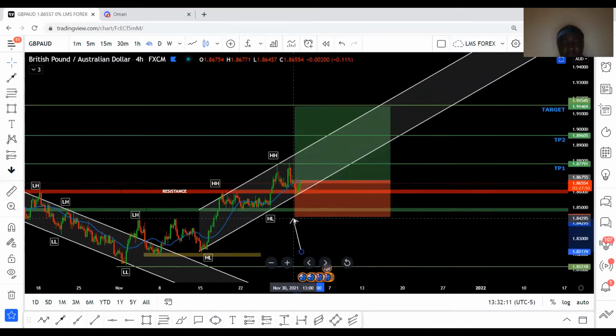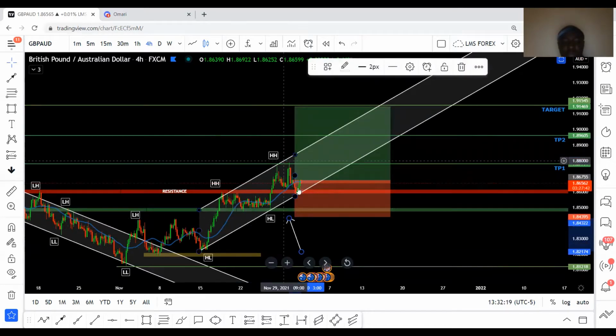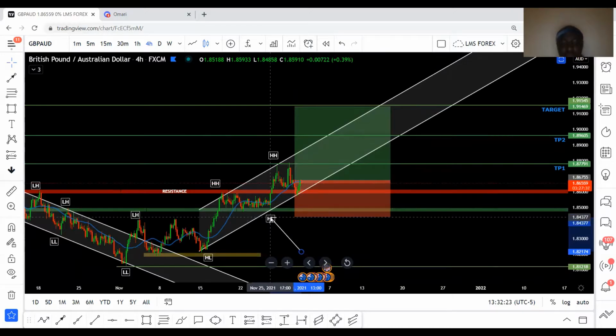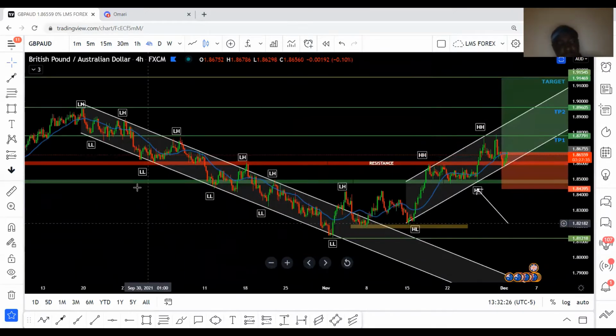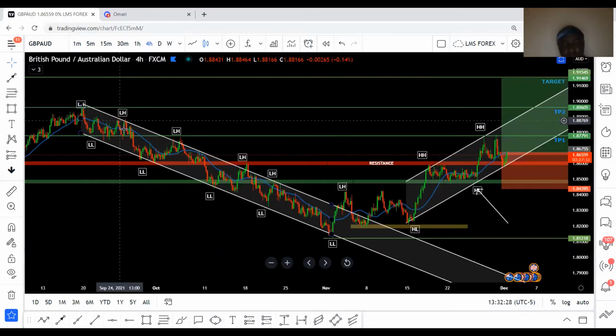And your stops should always be below that previous higher low. If you're in an uptrend and the price is going to continue with the uptrend, it should always respect the previous higher low. If the price is to continue a downtrend, it should always respect the previous lower high.